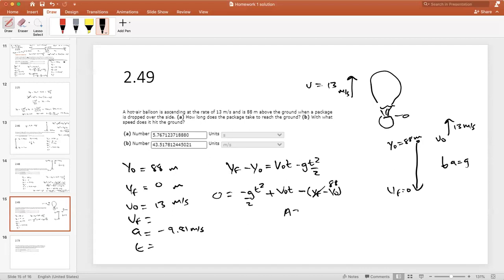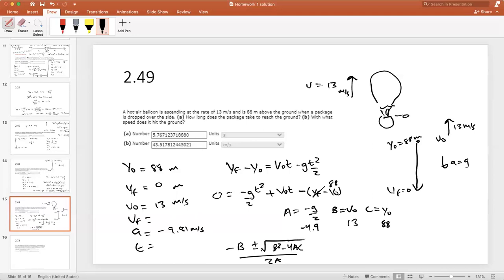So our A term is minus g over 2. Our B term is v naught, and our C term is y initial. This is 88. This is 13. This is minus 4.9. Plugging that into minus b plus or minus the square root of b squared minus 4ac, over 2a.